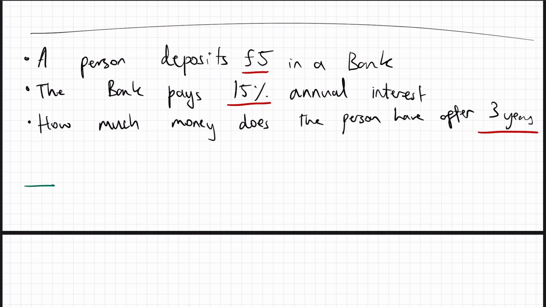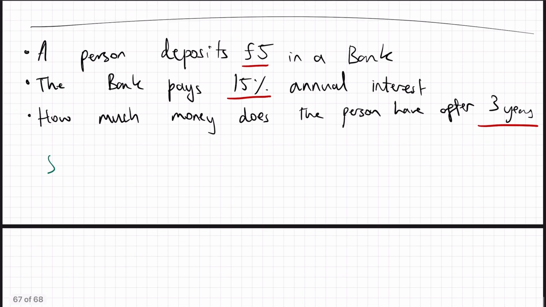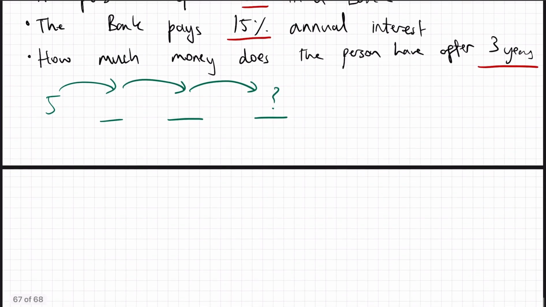So we start with £5, then the next year this is going to go to some new number, then the next year this is going to go to another number, and finally on the third year this is a number which we're looking for. So what do we know? Well, we know the bank pays 15% annual interest, so that's a 15% percentage increase.